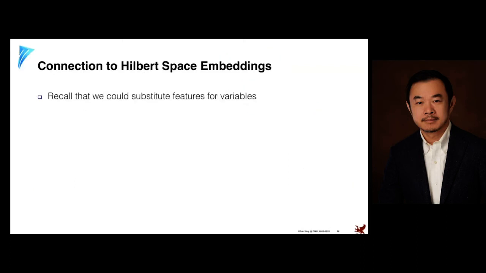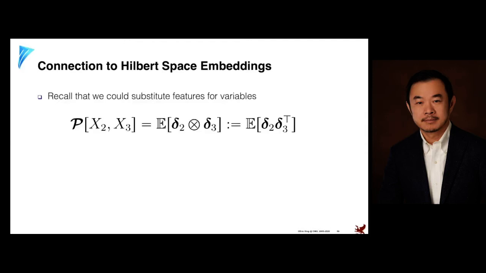So now let's see how our matrix spectrum graphic model technique connects to the Hilbert space embedding. Remember, originally to obtain a joint probability table, we use the following operation. The joint probability table is literally just an expectation of the indicator vectors.